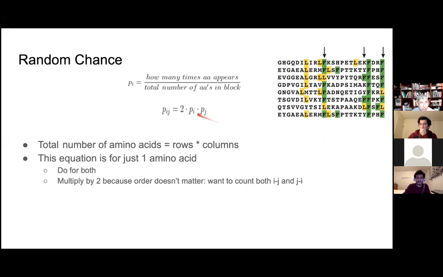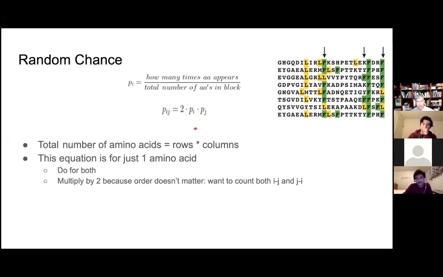That's what we're calculating here with P sub I and P sub J. Think of it as a bag: what's the likelihood of drawing either of those amino acids? In the end, we're looking at the random chance of seeing any of the pairs. So what's the random chance of drawing one amino acid, a phenylalanine, let's say, and the next one after replacement being the leucine? That's why we multiply these two together using the multiplication rule, because we want the phenylalanine and the leucine.